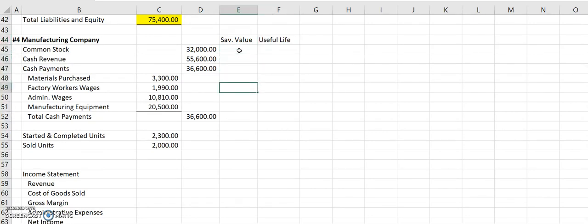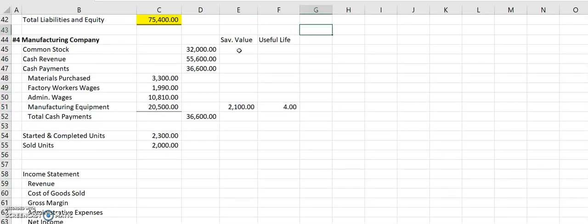In my example, it's telling me that we paid $20,500 cash to purchase manufacturing equipment. The equipment was used solely to make products. It has a 4-year life and a $2,100 salvage value.